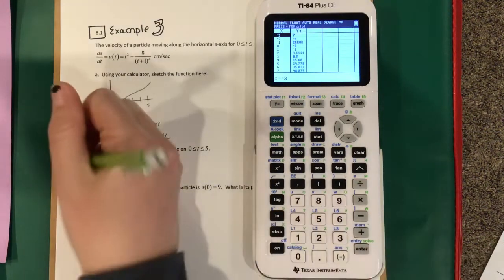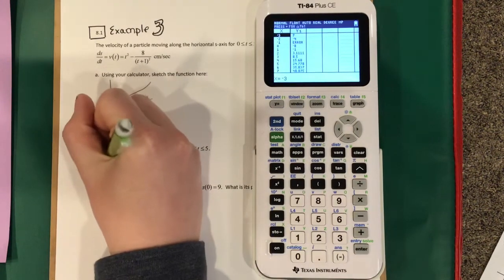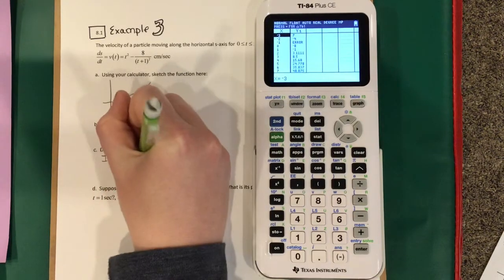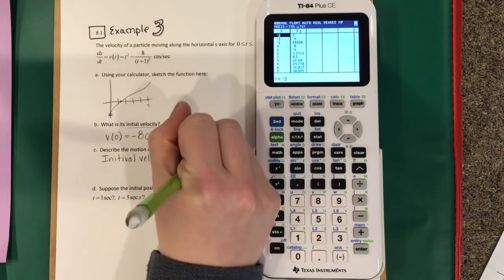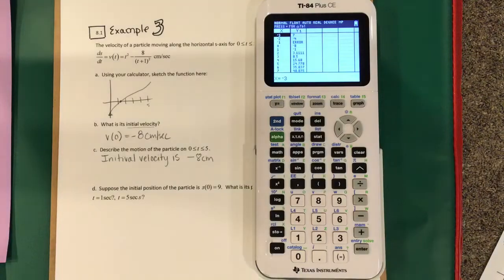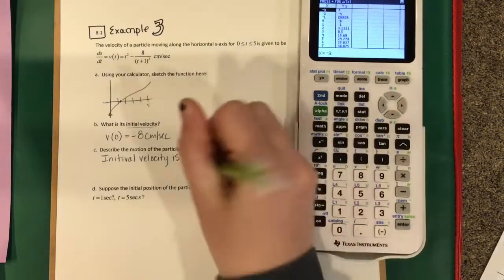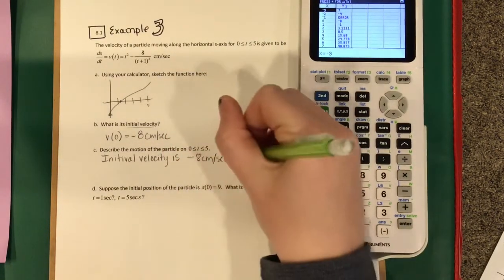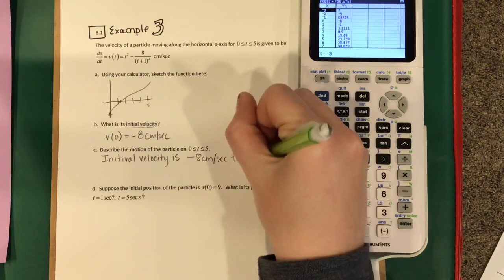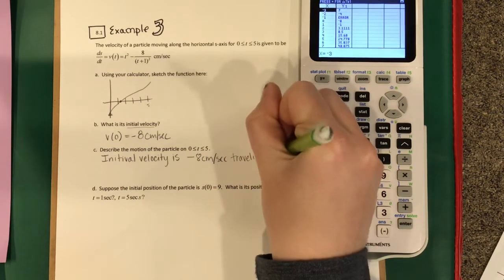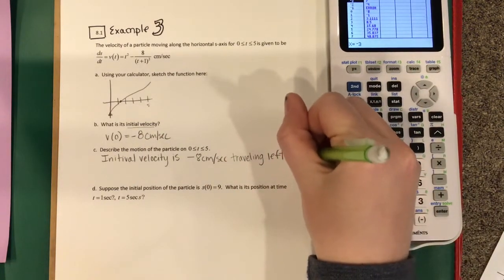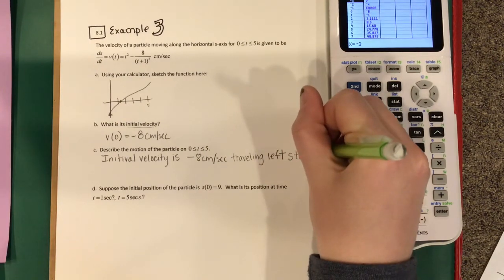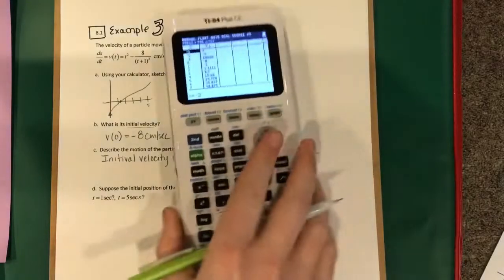Well, that is its initial velocity and it's traveling left because our velocity is negative, and then it stops at some value.